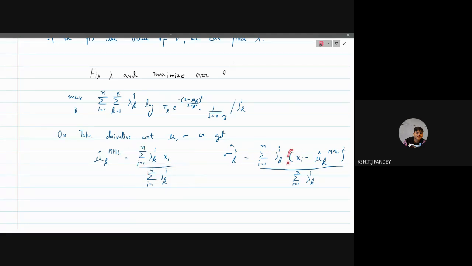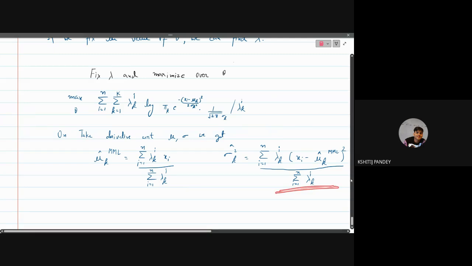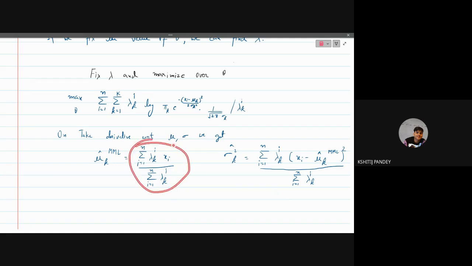Here also you have the term from variance, the weight, and you divide by the sum of the weights. So this is a weighted mean, and this is a weighted variance. This is the mean for the kth mixture, and this is the variance for the kth mixture.